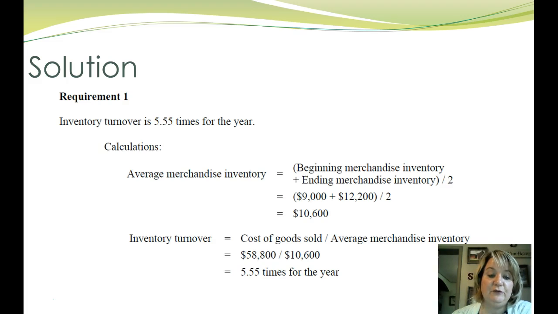You calculate inventory turnover by cost of goods sold divided by average merchandise inventory. So that is 58,800 divided by 10,600. So that equals 5.55 times for the year.